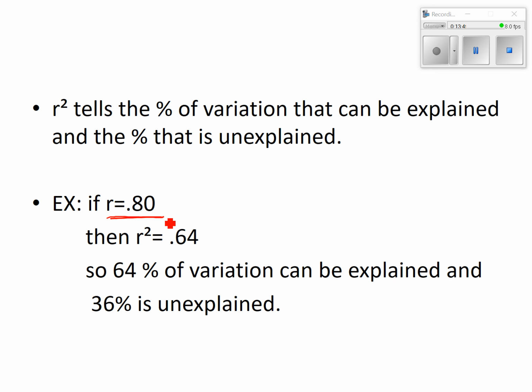That's telling us that 64% of the variation can be explained just by the relationship between our x and y's, for whatever reason. And then 36% is unexplained. So there's something else, other variables or chance or whatever, that causes the variation, 36% of the variation.